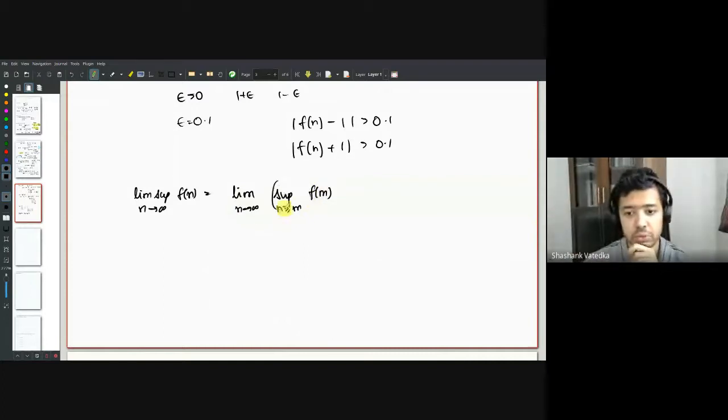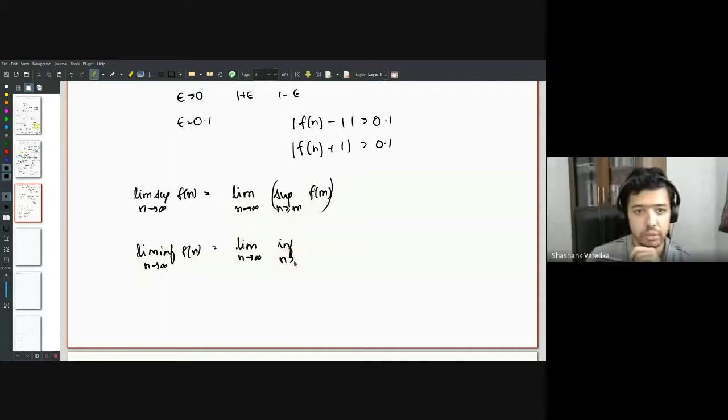Okay, and similarly we'll define something called the lim inf of f of n as n tends to infinity, which is the limit of the infimum over all n greater than or equal to m of f of n.